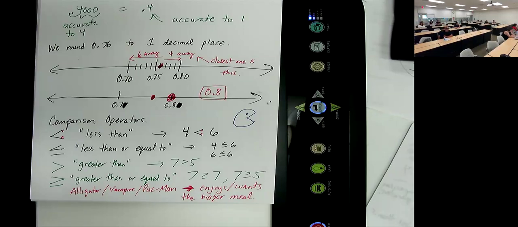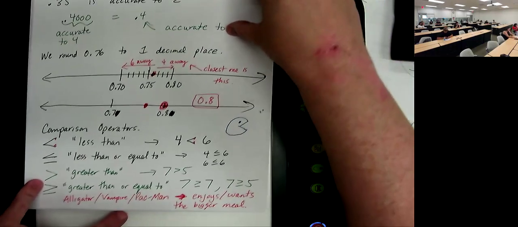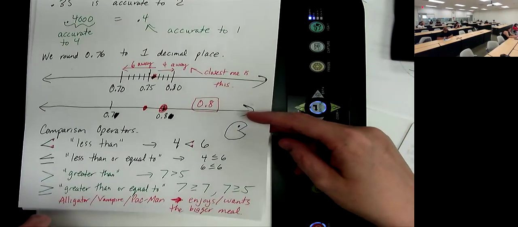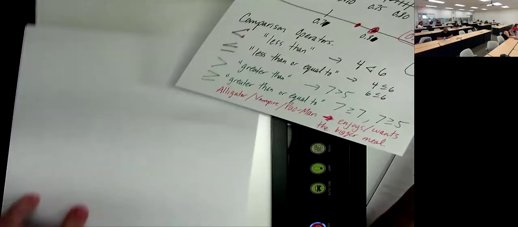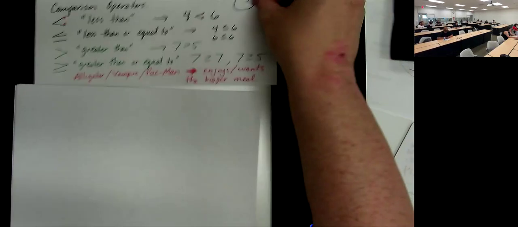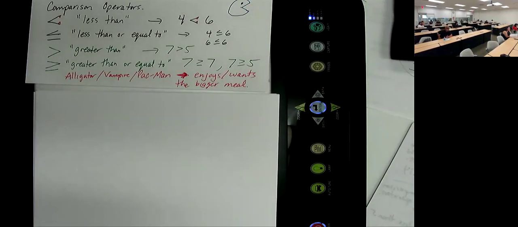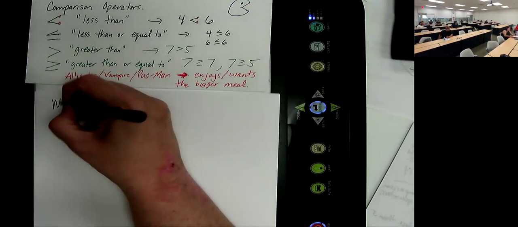So where is this gonna come up in our class? It's gonna come up a lot, comparing numbers. I know it's not the most exciting thing, but I try to entertain you with stories. So this is gonna happen often in our class: we will compare decimals.